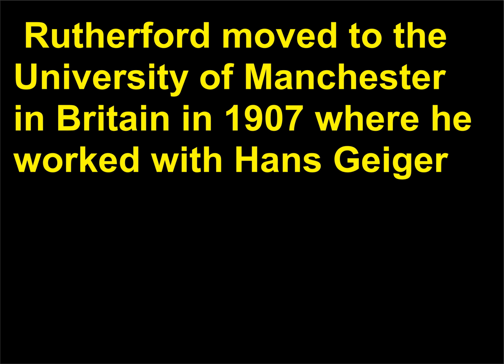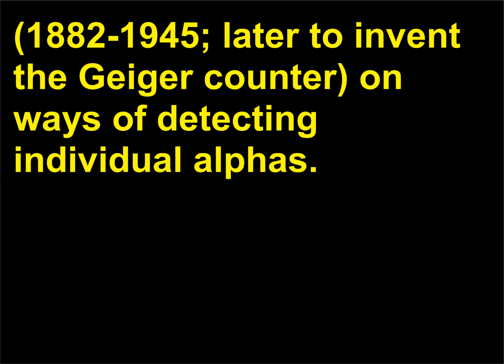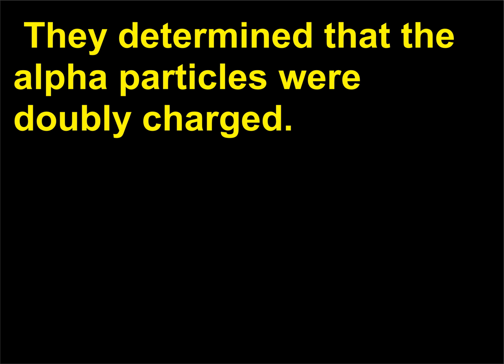Rutherford moved to the University of Manchester in Britain in 1907, where he worked with Hans Geiger, 1882 to 1945, later to invent the Geiger counter, on ways of detecting individual alphas. They determined that the alpha particles were doubly charged.